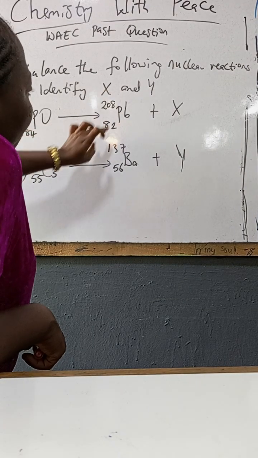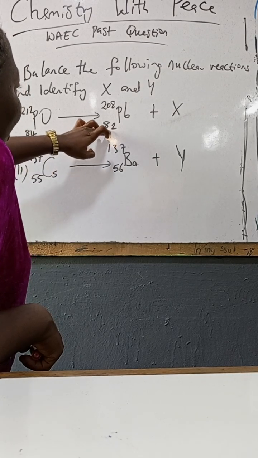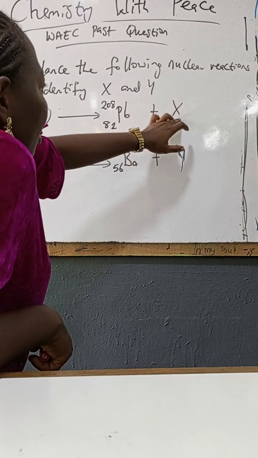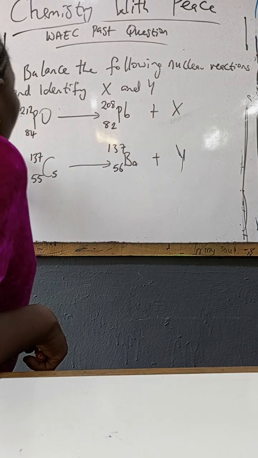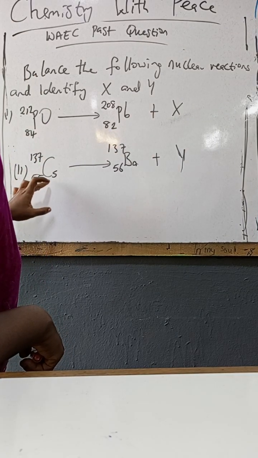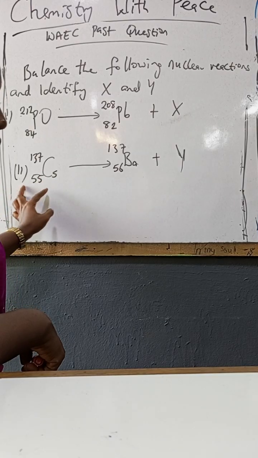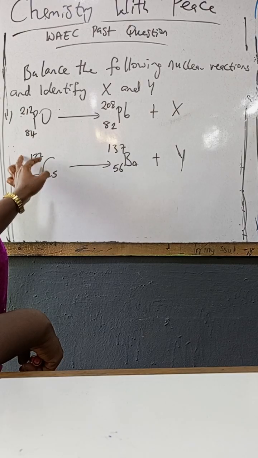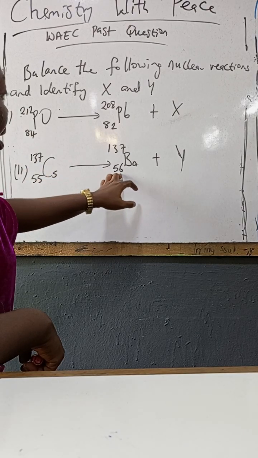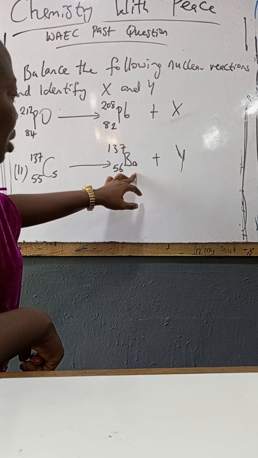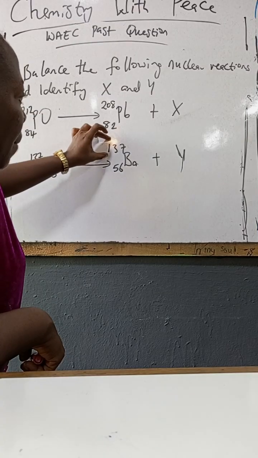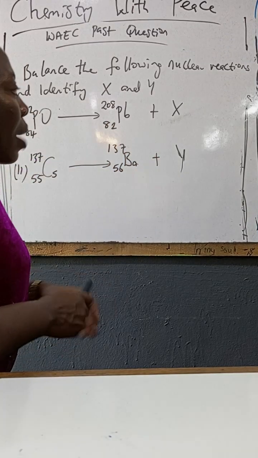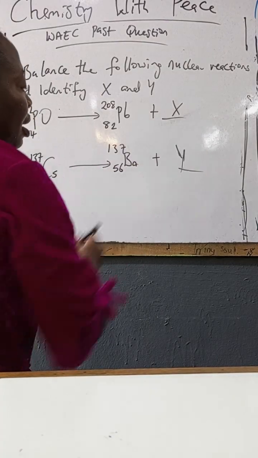This is lead having atomic number 82, mass number of 208, and then giving this. Then this one, this is cesium having atomic number of 55, mass number of 137, and then giving us barium with atomic number of 56, mass number of 137 plus Y. And we are asked to identify this and this.